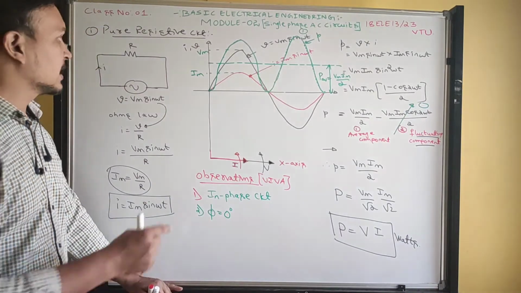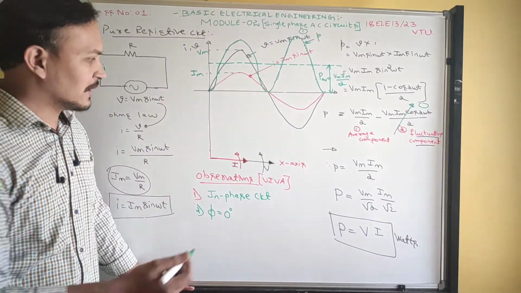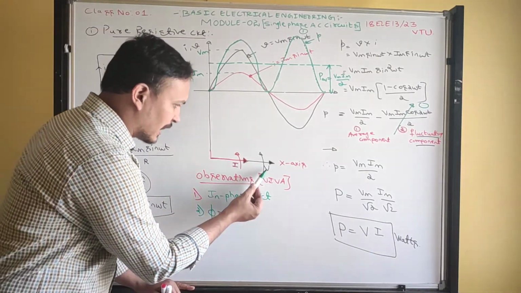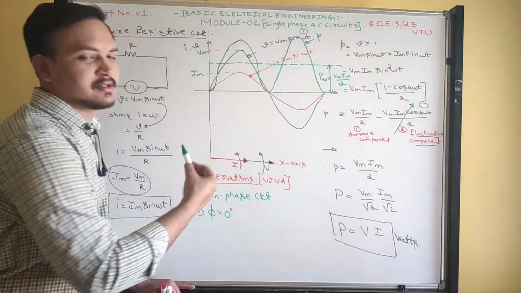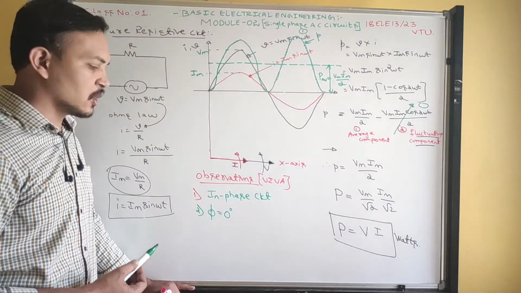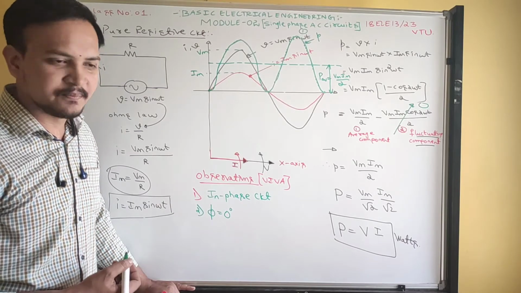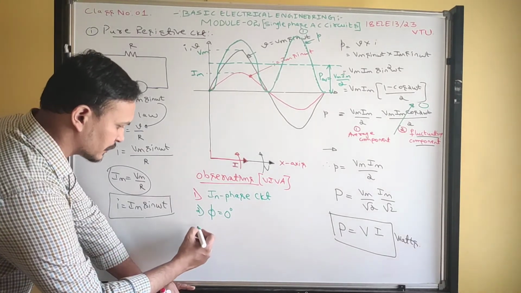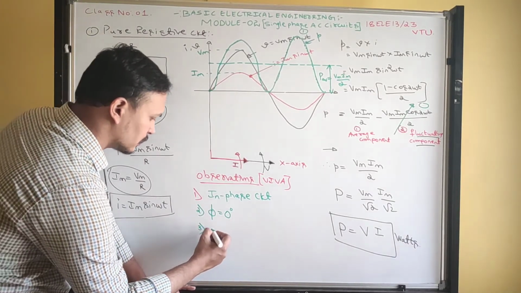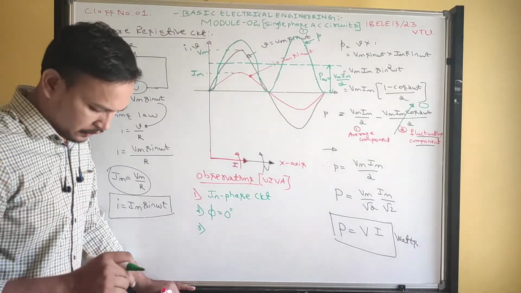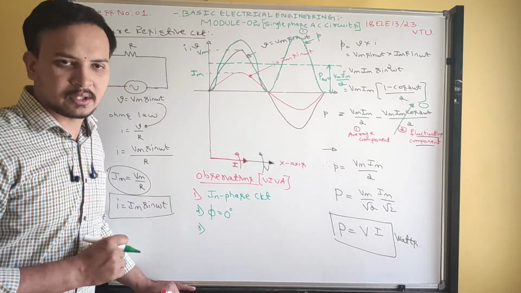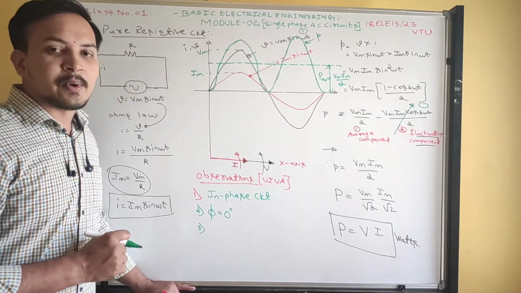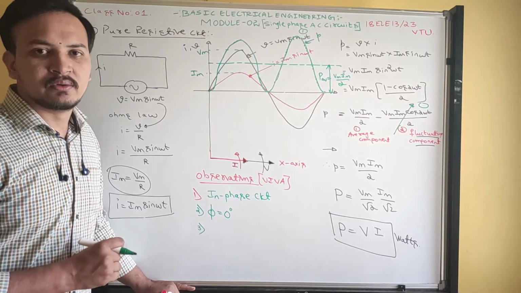So what is the phase angle in a pure resistive circuit? The phase angle is nothing but the angle between voltage and current. How much will you get? 0 degree. Okay, understood? Next, in a pure resistive circuit, the power factor is unity.